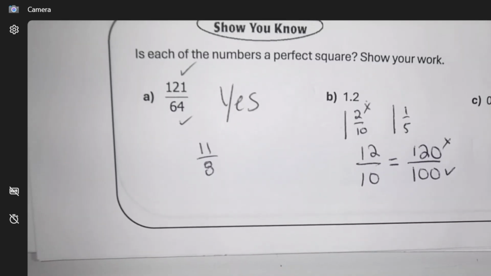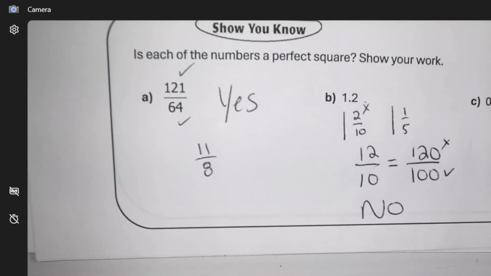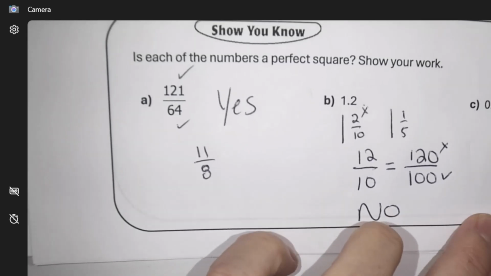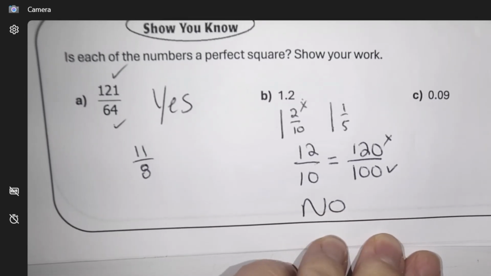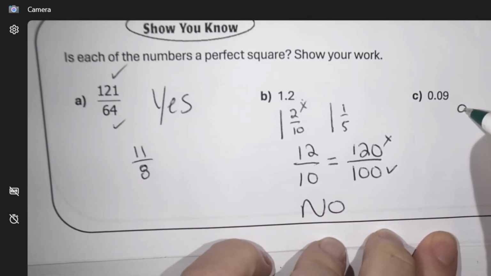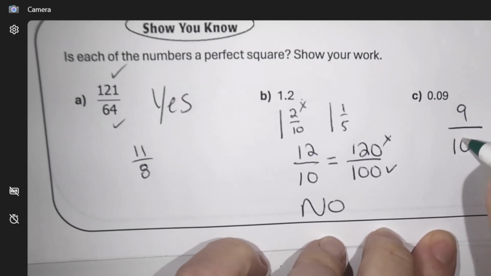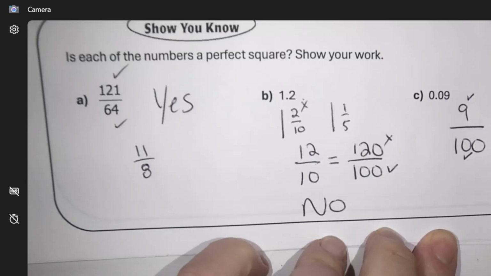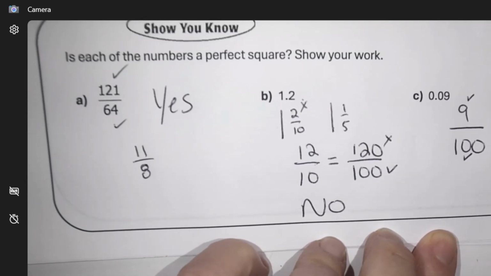No, no, no. Can't. Okay, and question C. 9 over which place value? 100. That one? Yes, yes. So that's a yes.